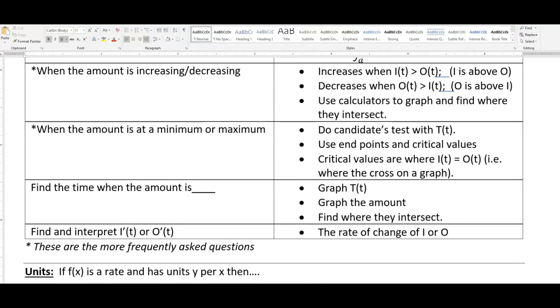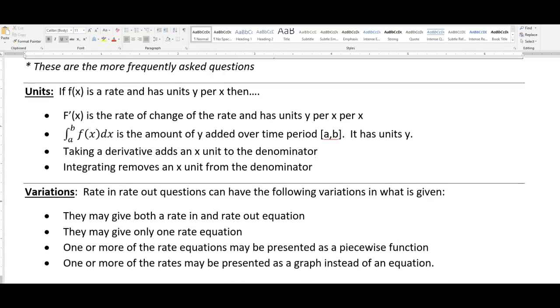Something to pay attention to as you're doing these problems, some extra notes here, is things pertaining to units. So let's say f of x is a rate and it has units y per x. Rates are always something per something. Then the derivative of f will be y per x per x.